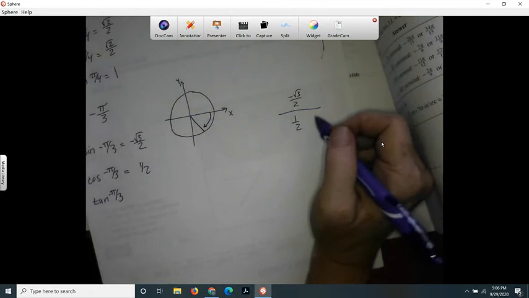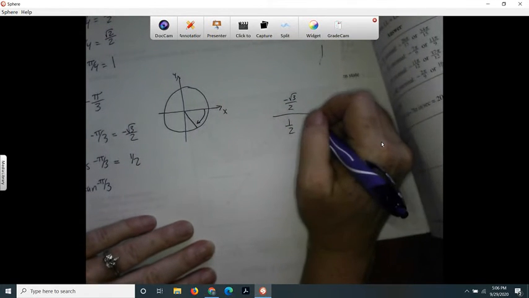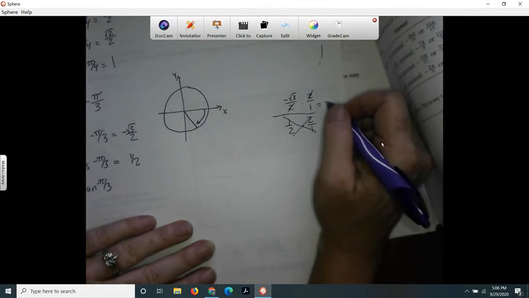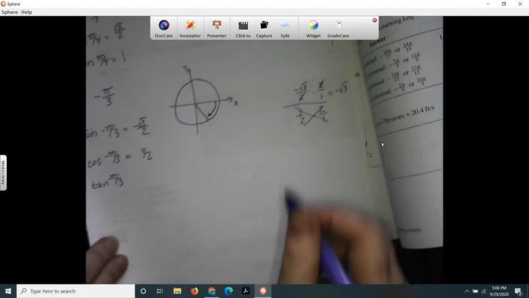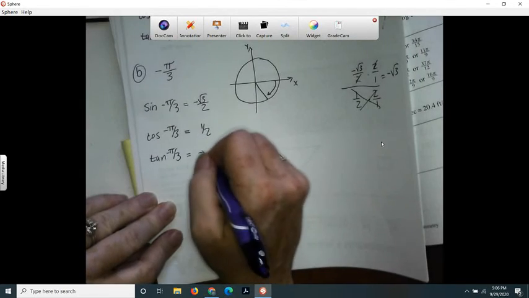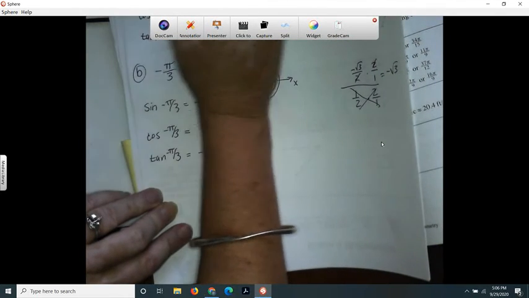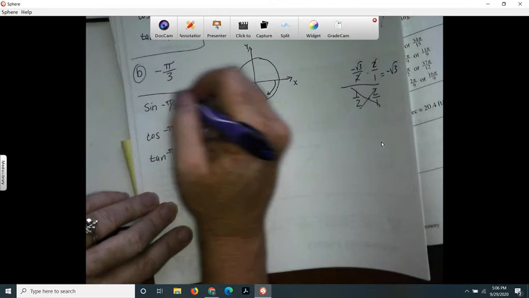So if I multiply the top and bottom by 2, I get negative root 3. That's just some fancy fraction math. Okay, so these are my answers for the second problem. And then I'll do letter C on the next page, I guess.